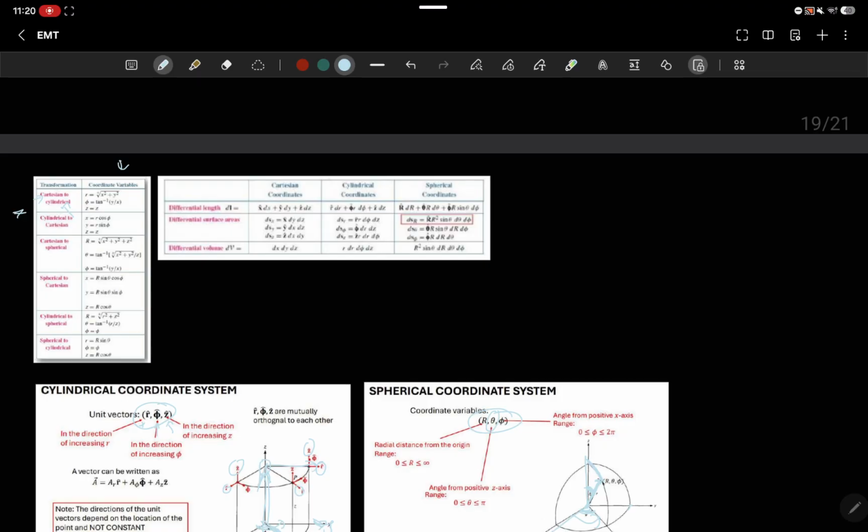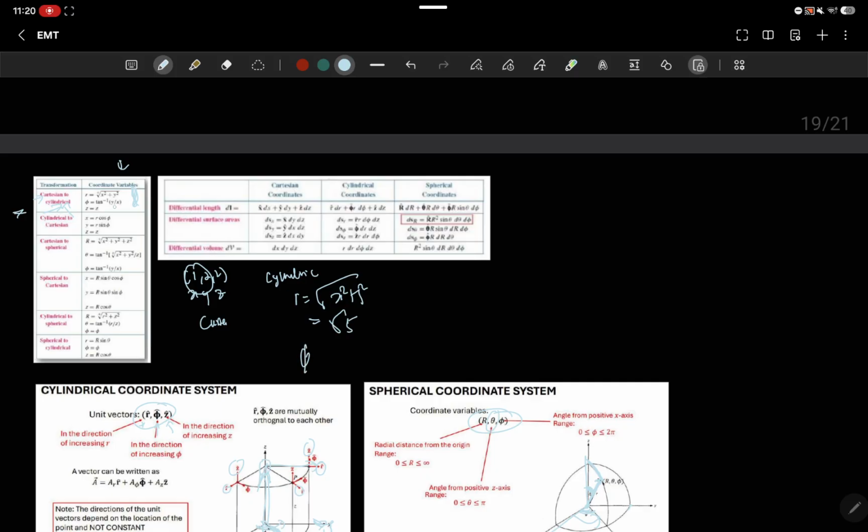Now before we continue, we just do a simple exercise. If we have our Cartesian coordinate, maybe we have 1, 2 and 2, so x, y, z. Now we need to change it to cylindrical. Cartesian to cylindrical uses this. R is the square root of x squared plus y squared, so you plug it in the calculator, you'll get square root of 5.